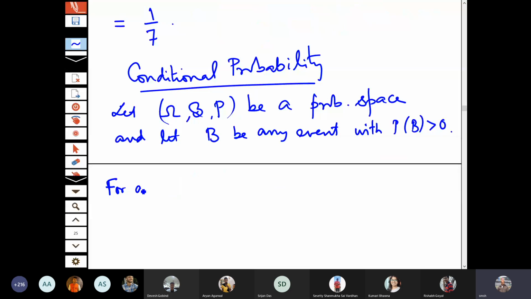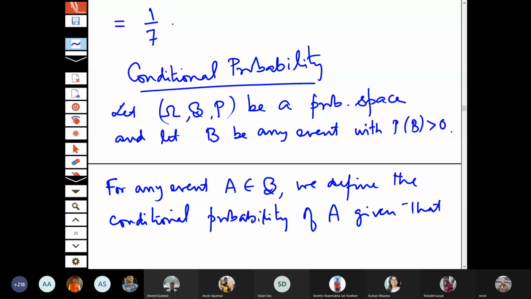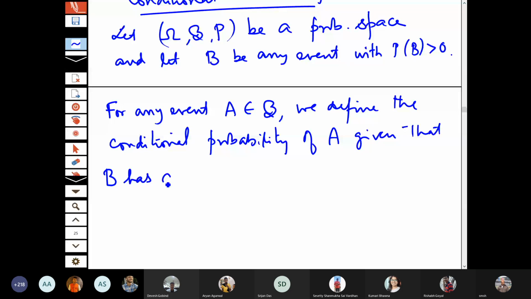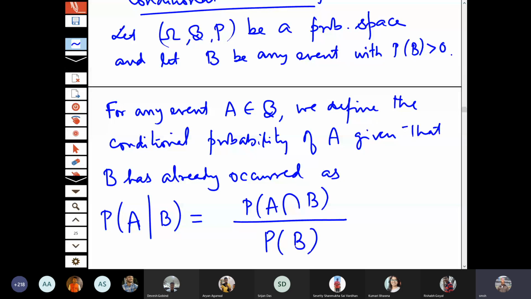For any event A, we define the conditional probability of A given that B has already occurred, as probability of A given B. This is the notation, A given B. It is not A divided by B. It is defined as probability of A intersection B divided by probability of B.